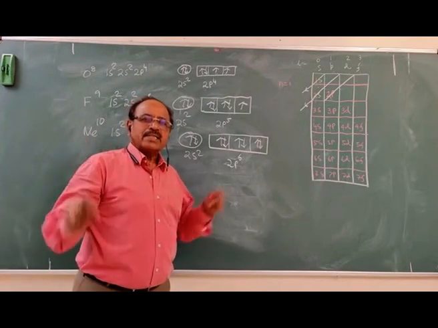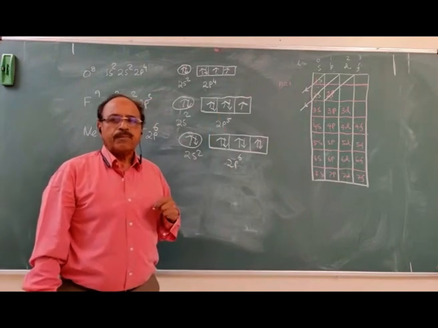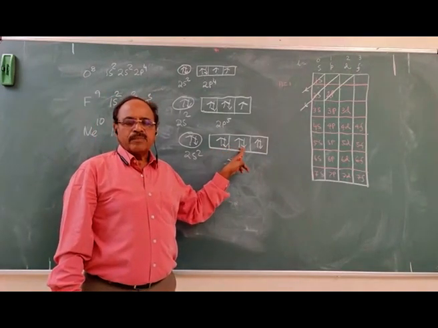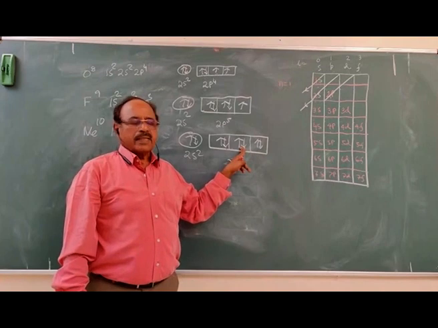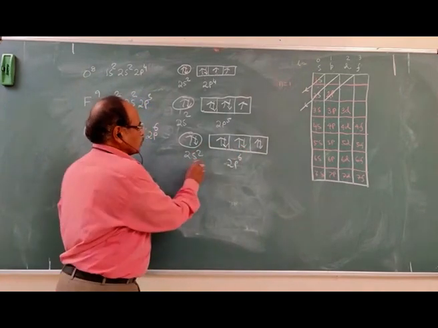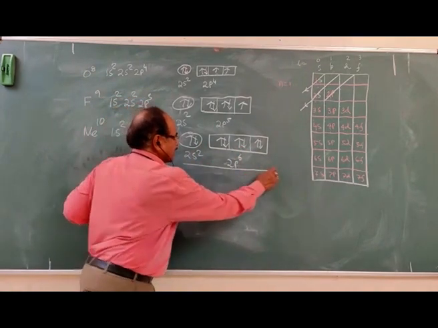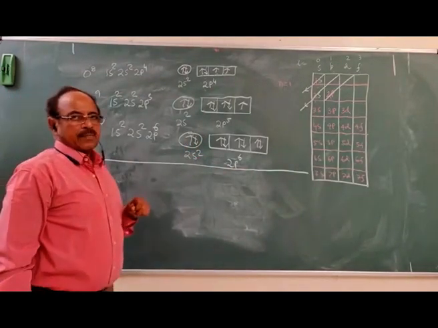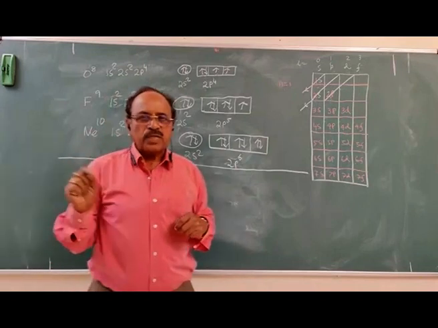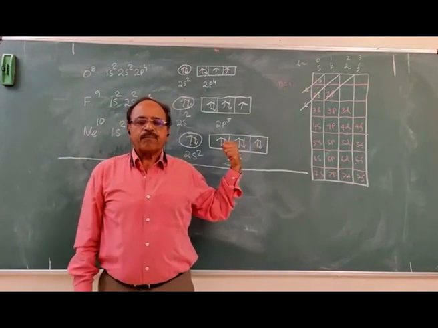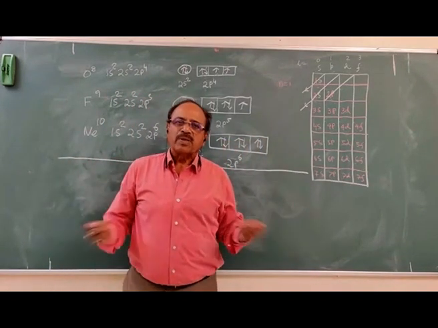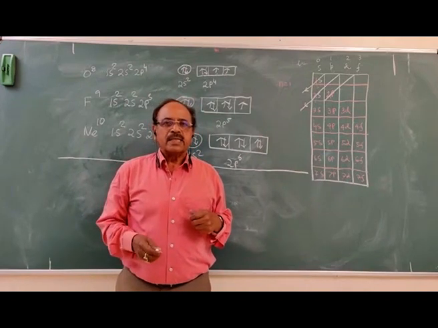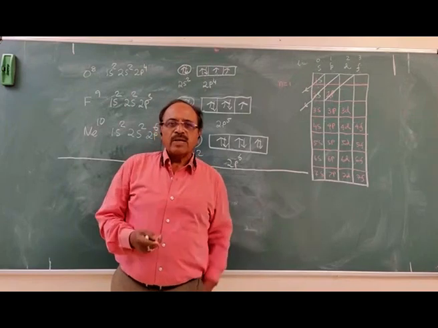Now there are 8 elements. We started with lithium 3 and now we come to neon 10. There are 8 electrons in total. So from lithium 3 to neon 10, the second period of the periodic table is completed. They belong to the P block, and all these elements are normal elements.